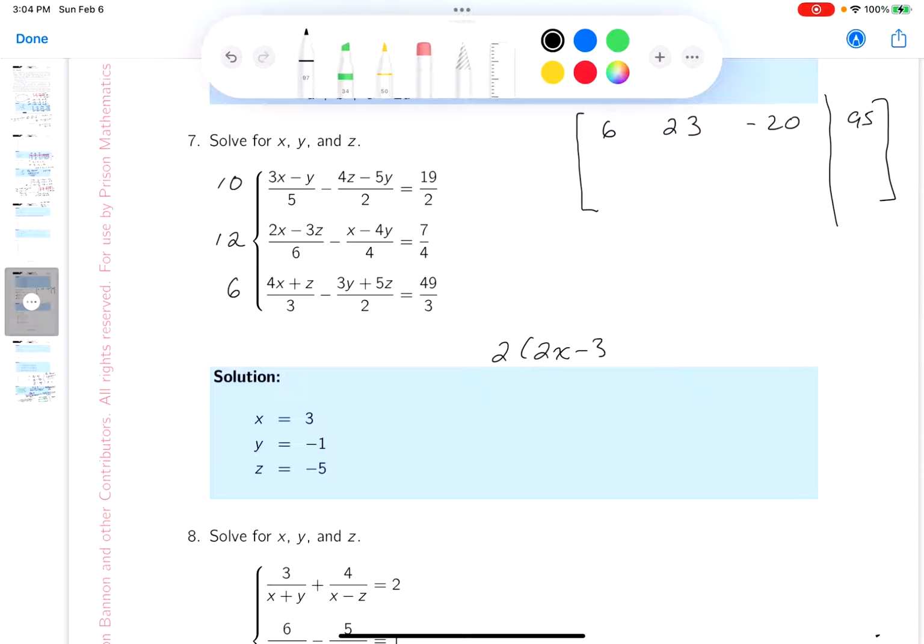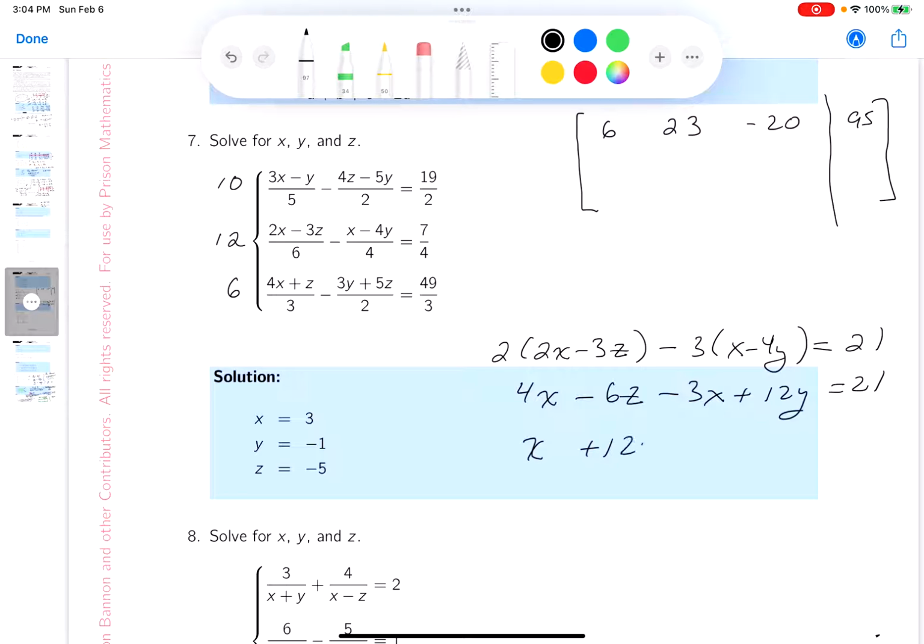2x minus 3z minus 3x minus 4y equals 3 times 7, which is 21. 4x minus 6z minus 3x plus 12y equals 21. x plus 12y minus 6z equals 21.